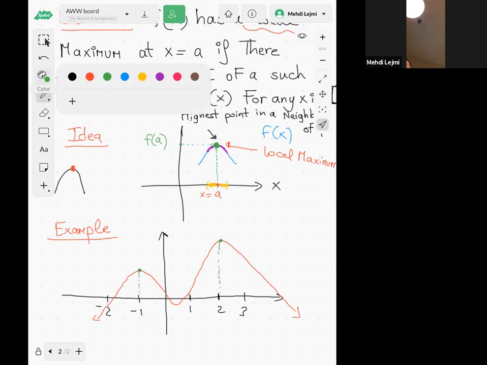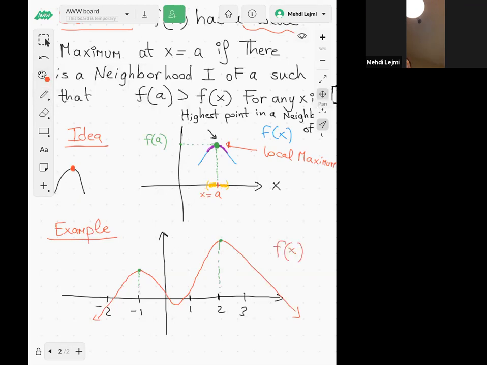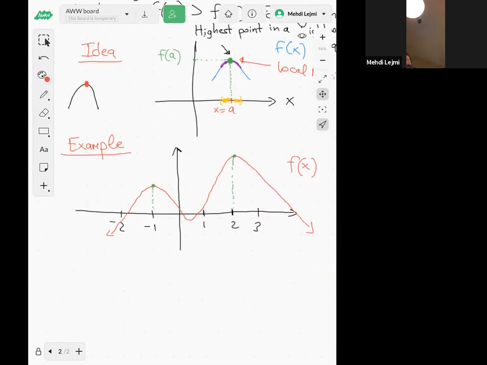Anyway, this is my f of x. And let's say you have to find the local maximums of f of x. So at x equal to 2.